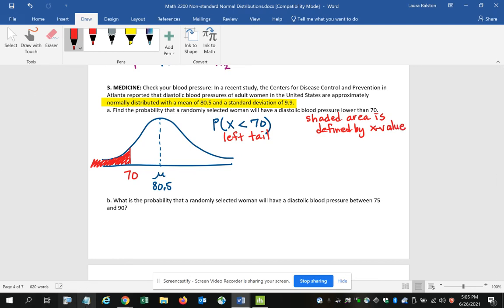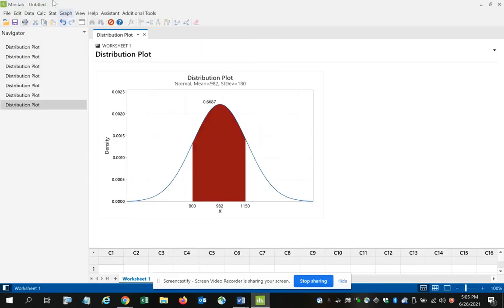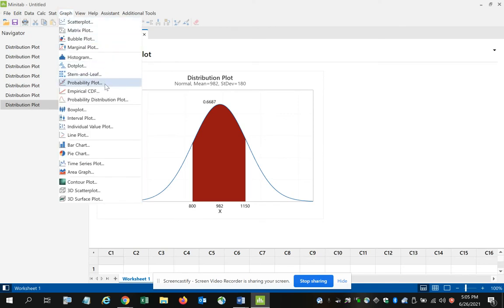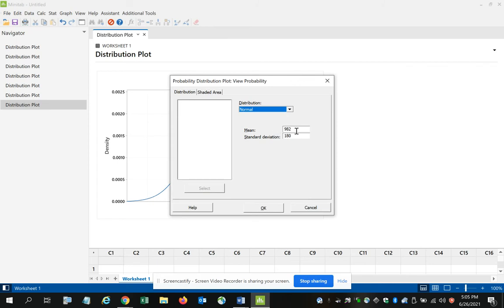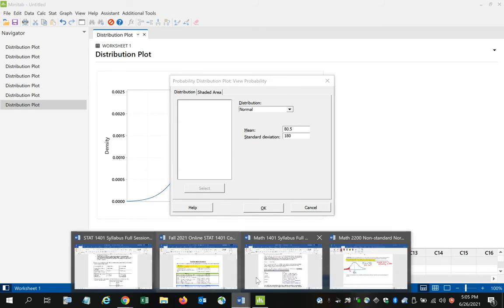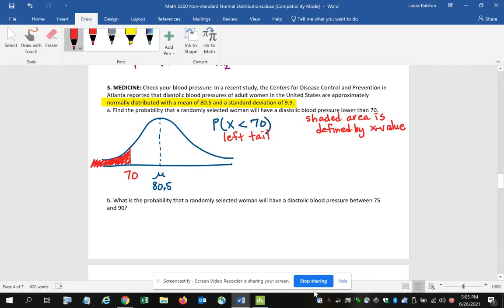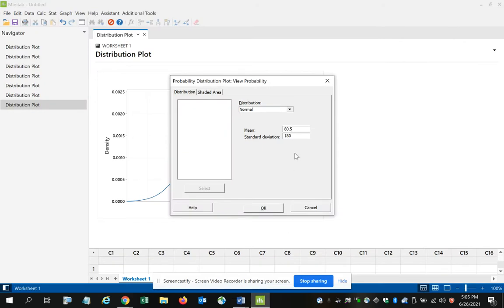So out to Minitab I go. Graph, probability distribution. Arrow to the right, view probability. It is a normal distribution. The mean is 80.5 and the standard deviation is 9.9.